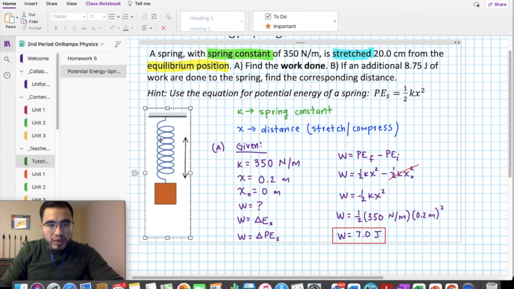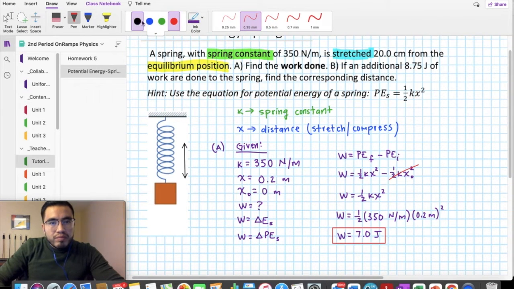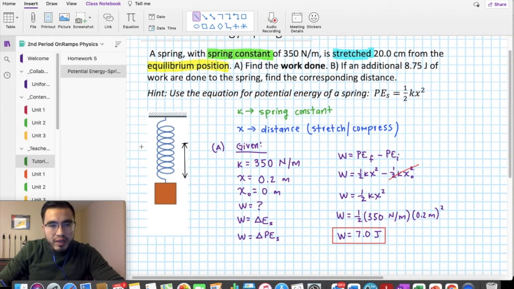Again, I'm just assuming the equilibrium position is here, maybe a little bit lower, to make it a bit more realistic. And so this is equilibrium, right? And normally we show the equilibrium position by a dotted line.